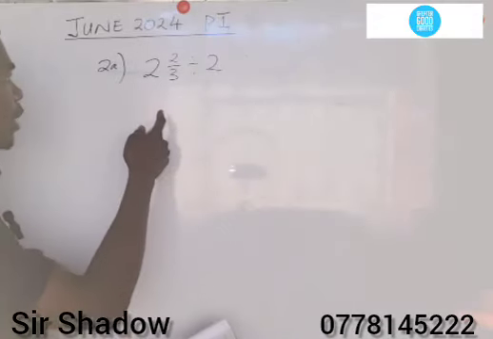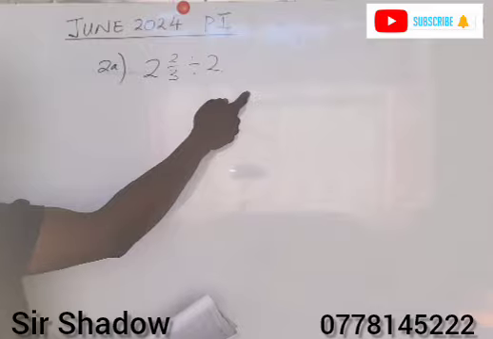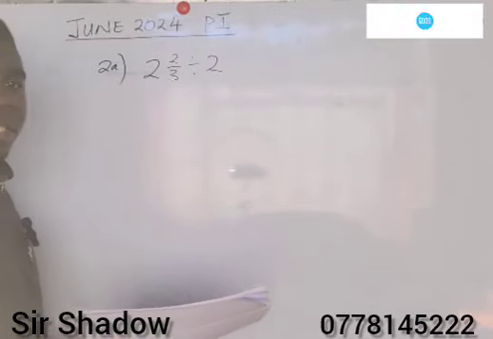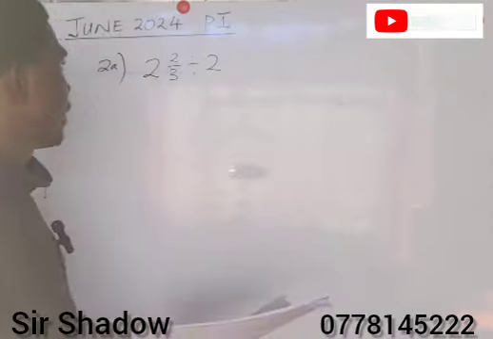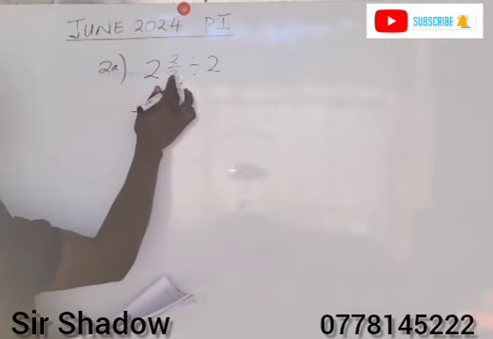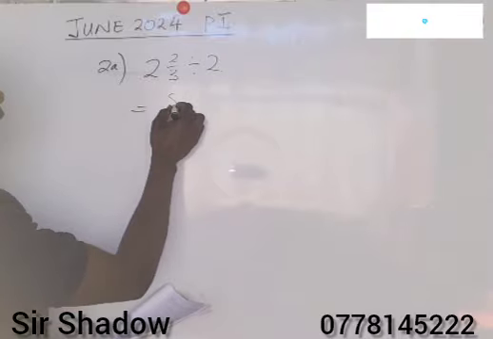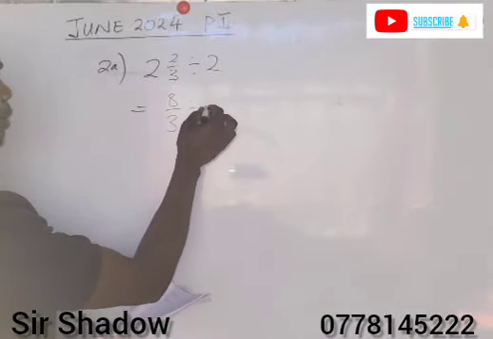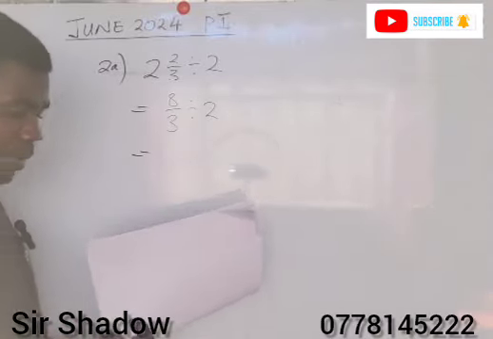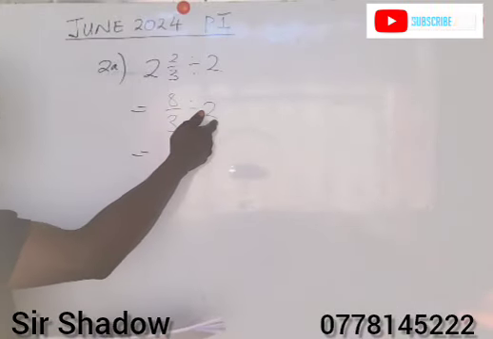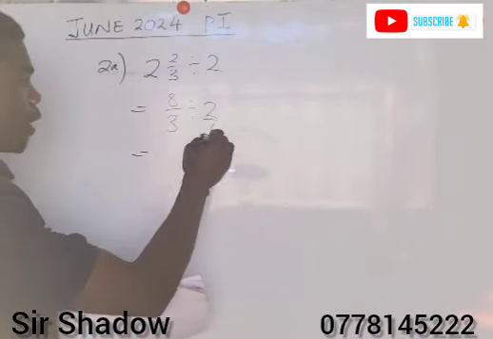For us to simplify 2 wholes 2 over 3 divided by 2, let's first convert this mixed fraction into an improper fraction. 2 times 3 is 6, plus 2 is 8, which is 8 over 3 divided by 2. Remember, 2 is 2 over 1.